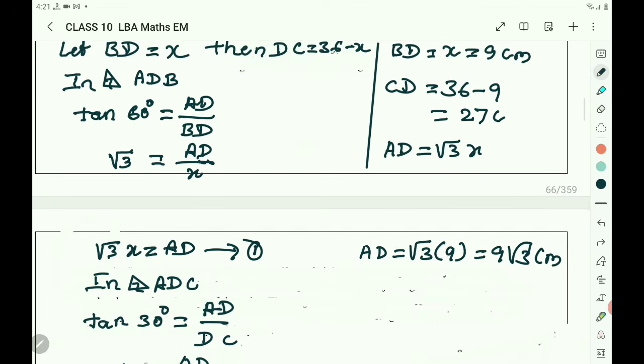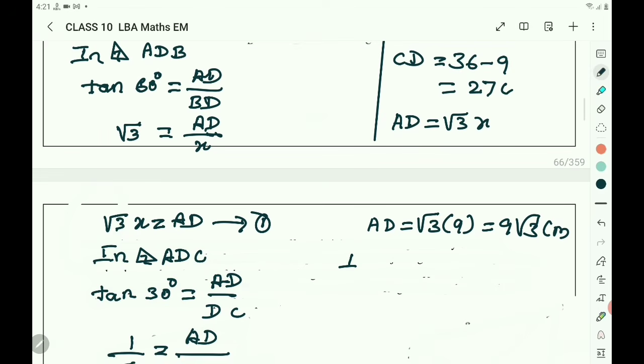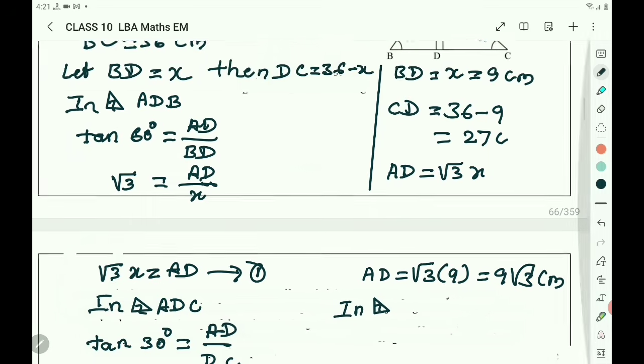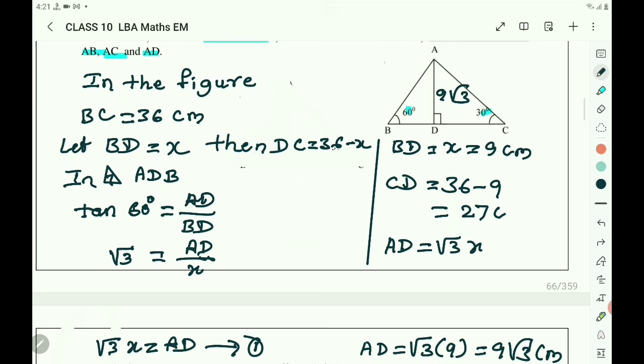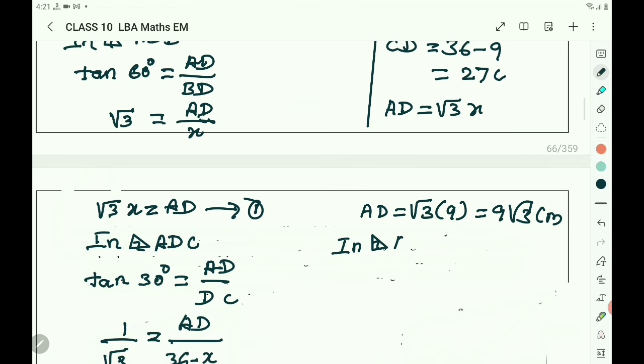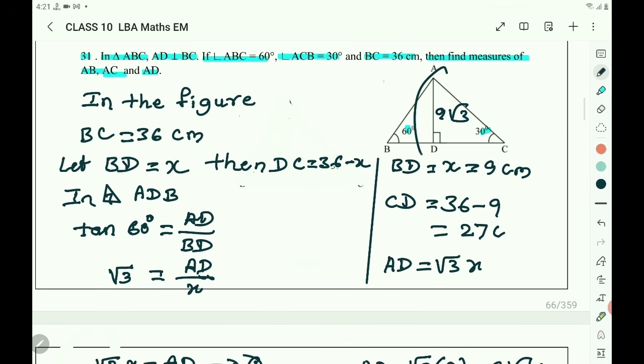Then you write in the right angle triangle ADB, sin 60 degree equals opposite side AD by hypotenuse AB.